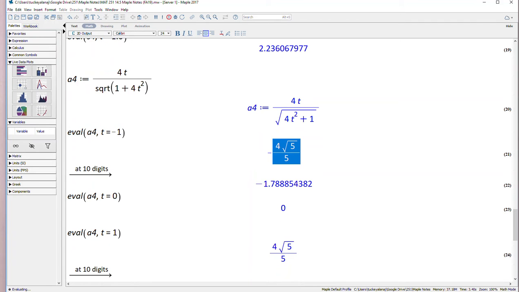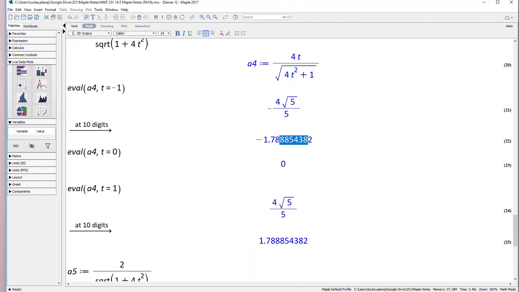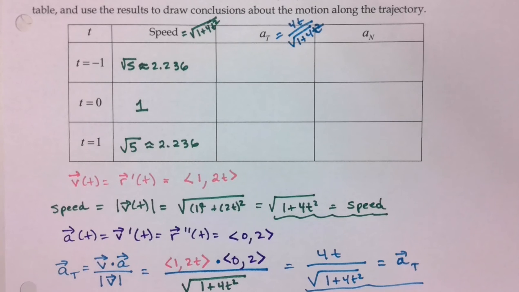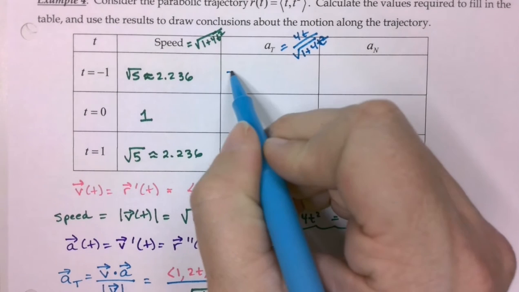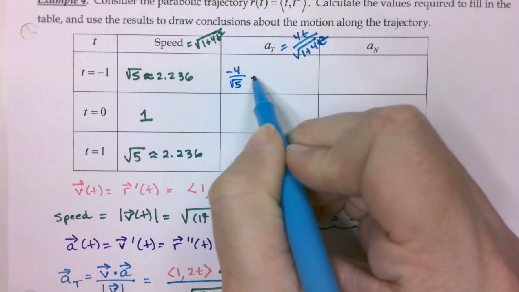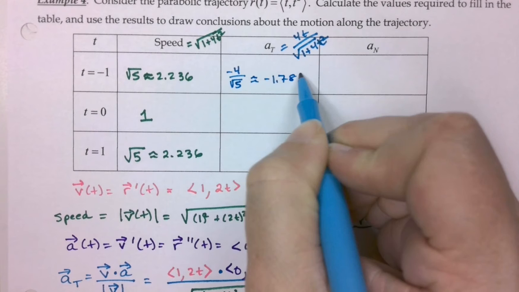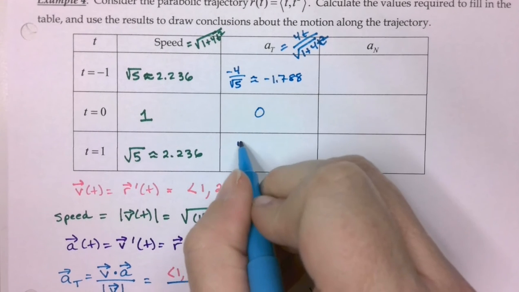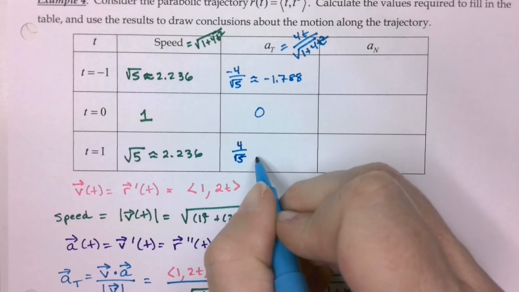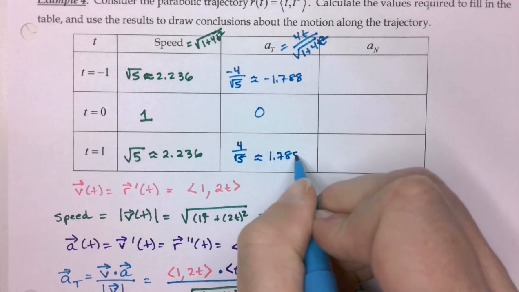And you can see it's giving me the exact value. And then I wanted a decimal approximation. Okay, so let me write those down. So this is -4 over the square root of 5, which was -1.788. This is 0. This is 4 over the square root of 5, which is +1.788.